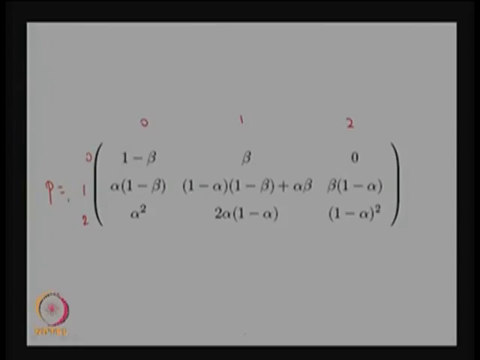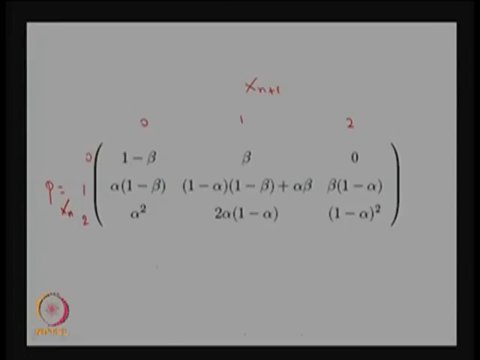Suppose the system was in state 0, 1 or 2 in the nth step, where will the system be in the n plus 1th step? These are the possible values of X n plus 1, and these are the possible values of X n, and this matrix gives, suppose the system was in this state in the nth step, the probability that it will be in these states in the n plus 1th step.